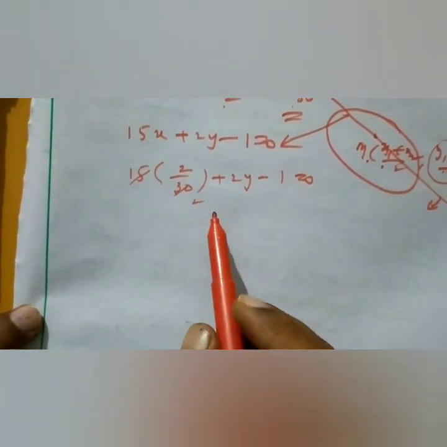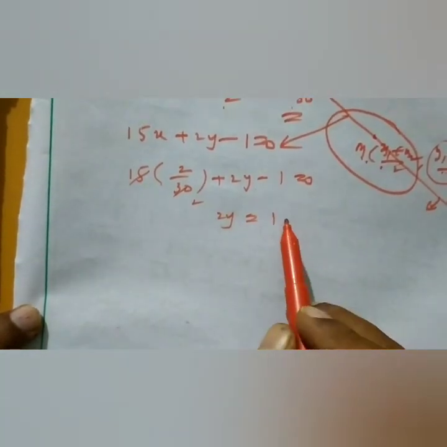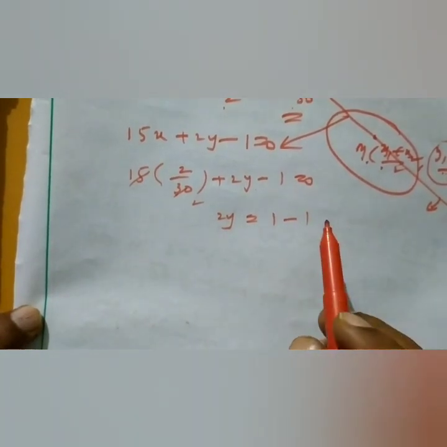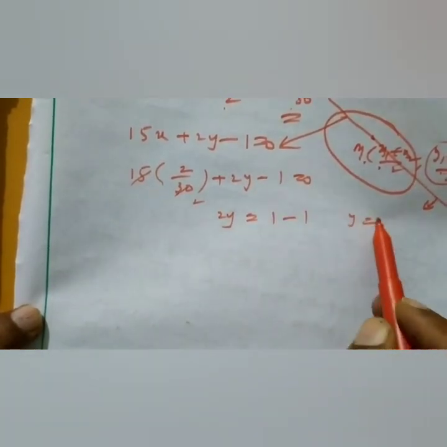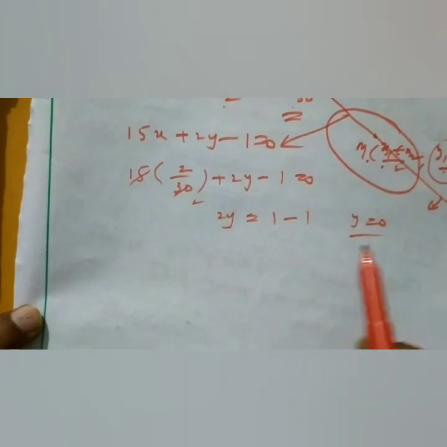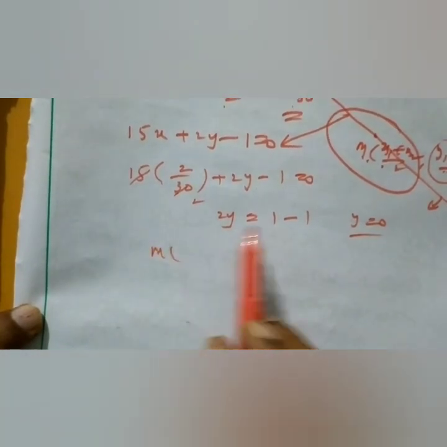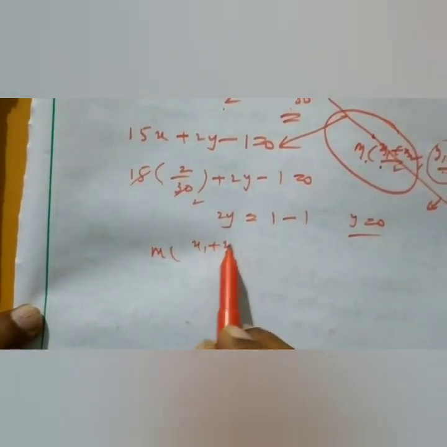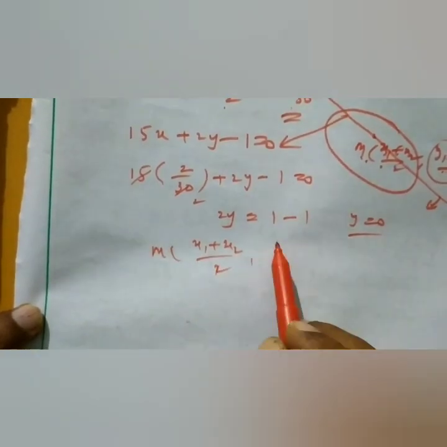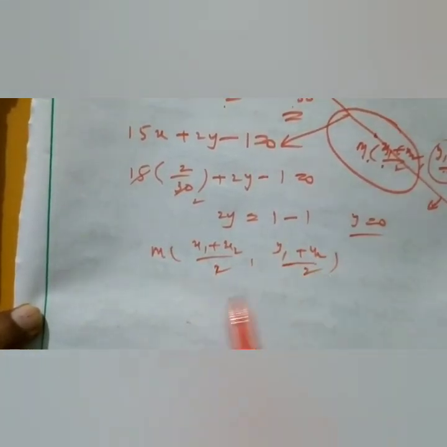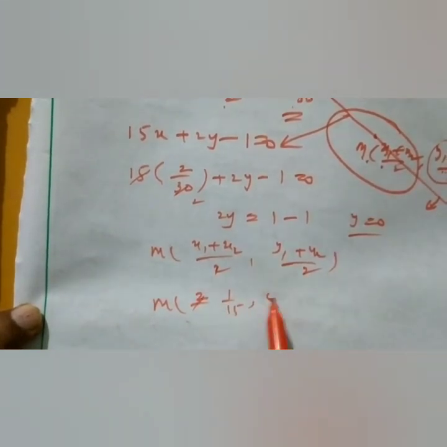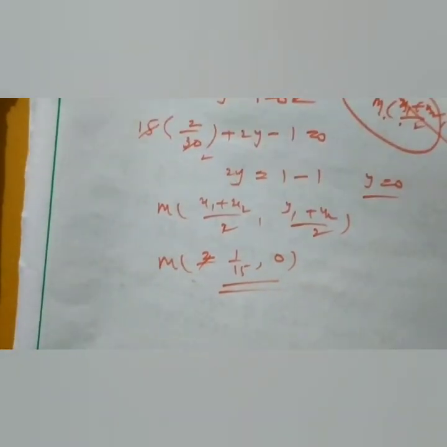Which implies 2y is equal to 1 minus 1, which is 0, so y is equal to 0. Therefore the y coordinate is 0. Therefore M is ((x1 plus x2) by 2, (y1 plus y2) by 2), which is 2 by 30, meaning 1 by 15, comma 0. This is the midpoint of the chord.